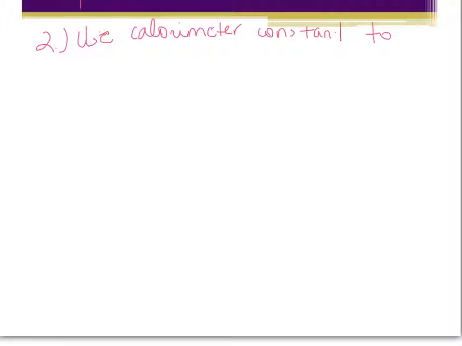We're going to use that calorimeter constant and compute the value of Q for the reaction of interest.